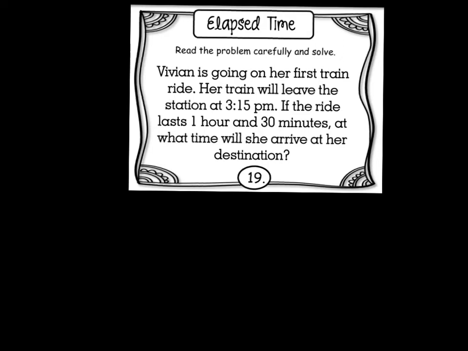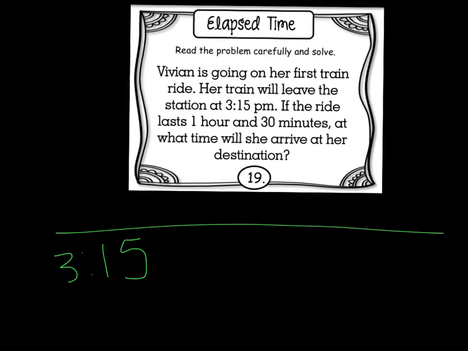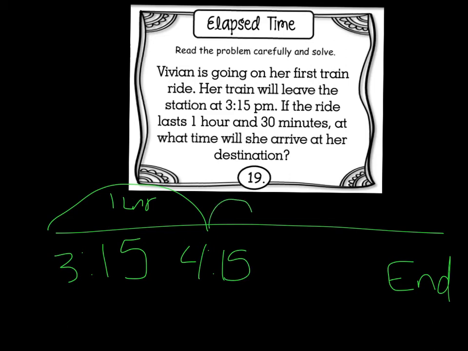Well, I know it's starting at 3:15. And I know that I'm going to add an hour and 30 minutes. So I just really need to figure out the end time down here. So 3:15, if I add 1 hour, my time becomes 4:15. And then I'm going to add 10, 20, 30 minutes.